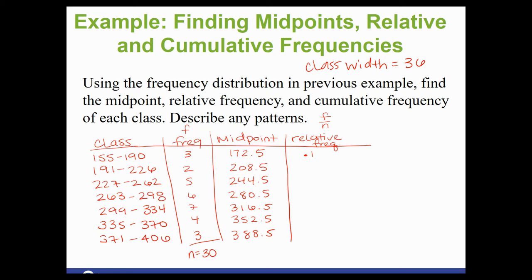Then we would do our next row, 2 divided by 30, 0.07. So you're taking each one of your frequencies one by one, and you are dividing it by the number 30.